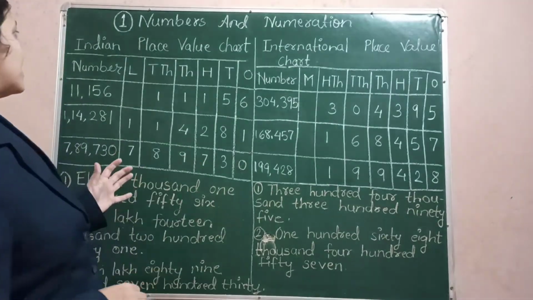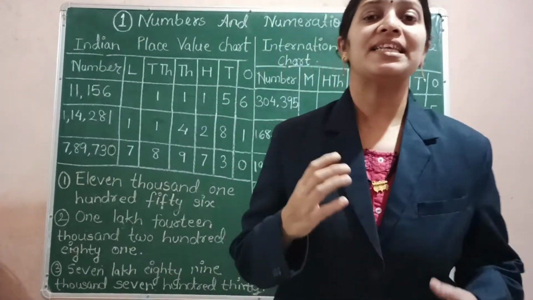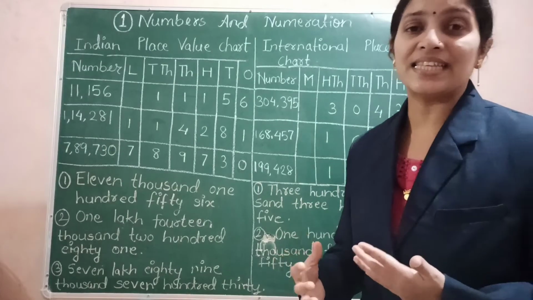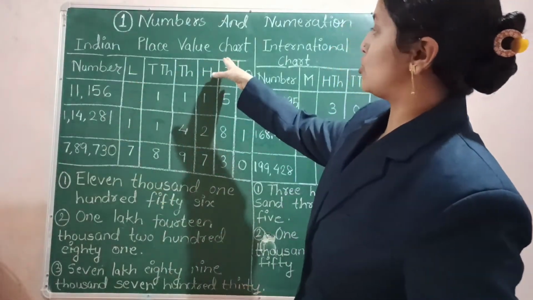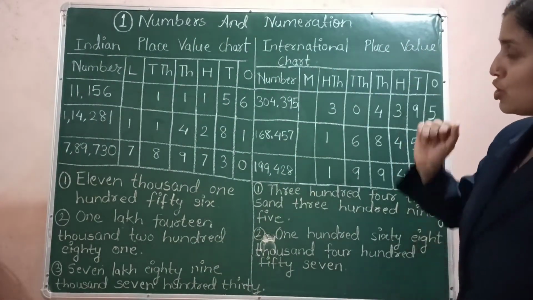Now we will be learning how to write these numbers in words form and how to read these numbers. So here I have written the Indian place value chart, and on the other side I have written the international place value chart.